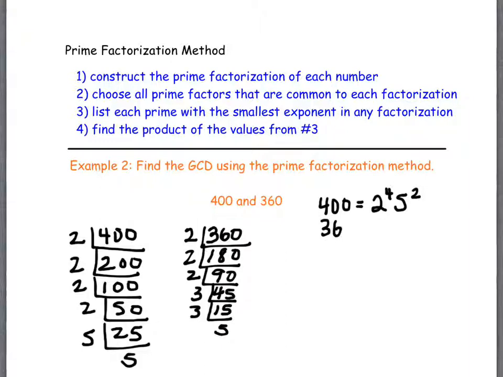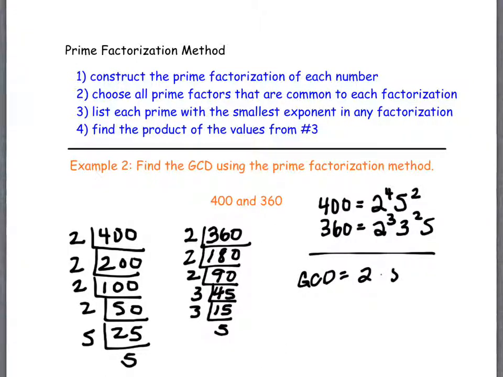And then 360 is 2 to the 3, and then 3 squared and 5. Okay, so it says choose all prime factors common to each factorization. What prime factors, that is the bases of these, do they have in common? They both have a 2 and a 5.